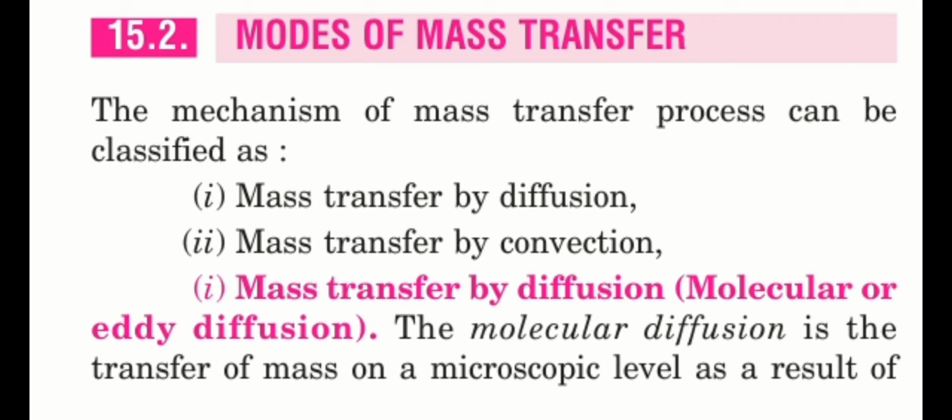We can't see the diffusion process with the naked eye. It happens at a very small level. It is mass transfer at the microscopic level, and it happens due to the concentration gradient of one or more components in the system. Basically, diffusion works on the same principle as basic mass transfer, but it is happening at a very microscopic level.